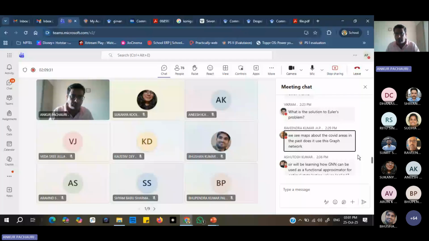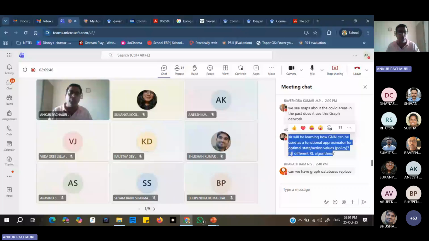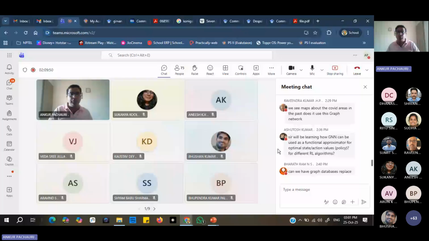Sir, will we see the map? Okay, so we're learning how GNN can be used for functional approximation for optimal state action values and policies for different RL algorithms. Not specific, but if you want to work, we both can work together. Because as I've already mentioned, it will be difficult for me to convert or to explain the GNN based on your own expertise, because I'll have to satisfy 200 people.